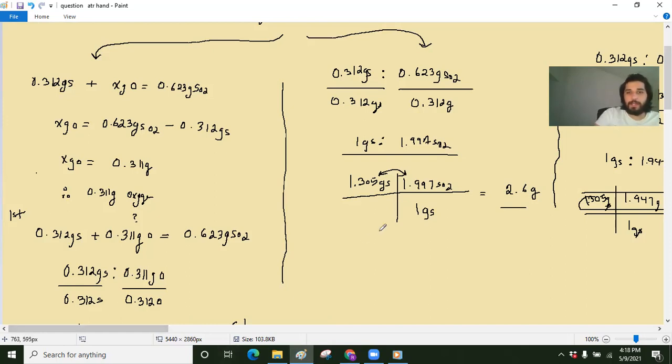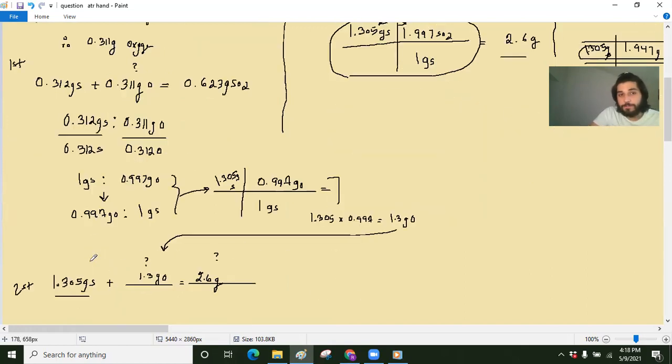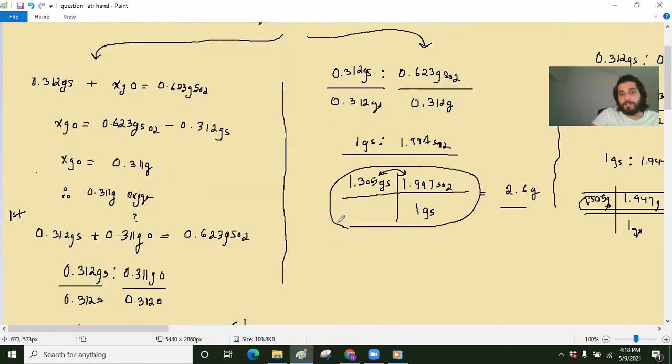But I will add that with this whole conversion factor thing, you could do something else in its place. If you wanted to say, okay, 1 gram of sulfur makes 1.997 grams of SO2, right?